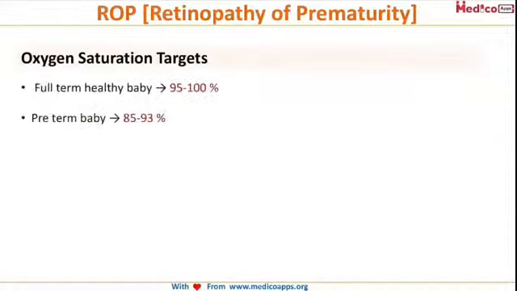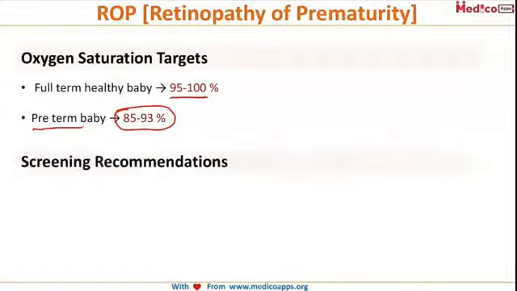The oxygen saturation target for a full-term healthy baby is 95 to 100. You can give 100% oxygen to this baby. However, to avoid ROP in a preterm baby, your saturation should be up to 93% and not beyond that. It can be 85 to 93% only in a premature baby.